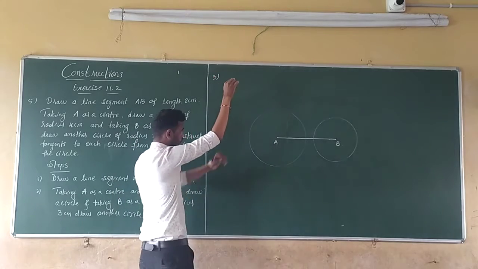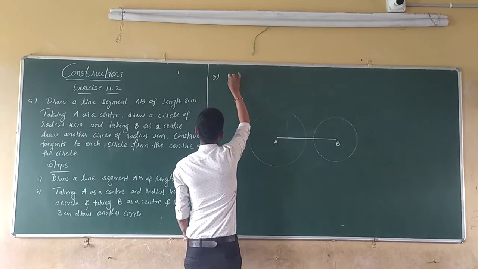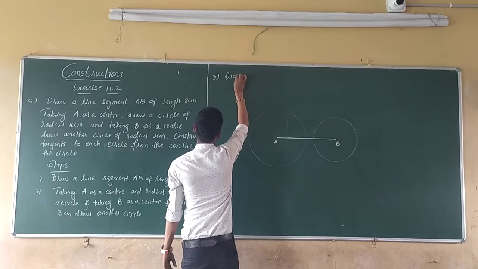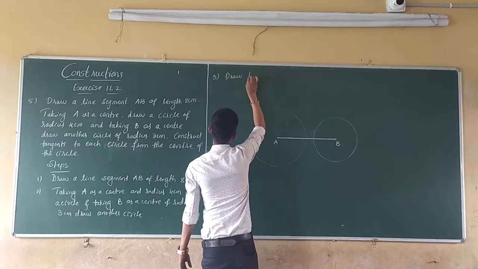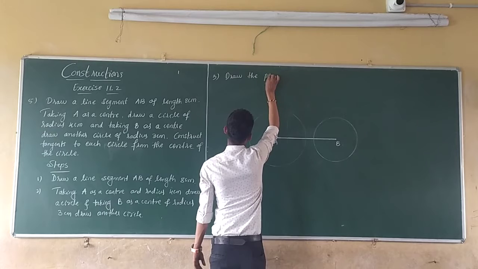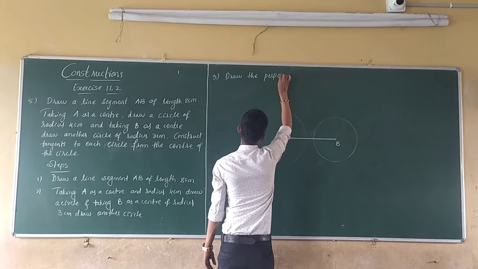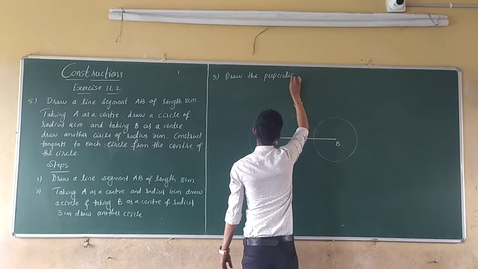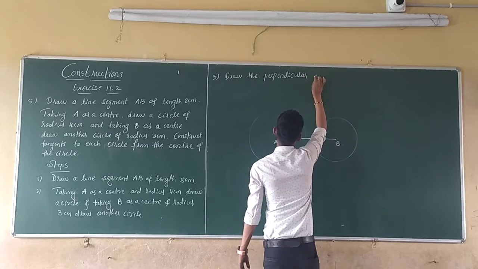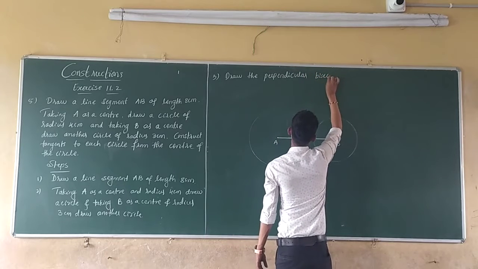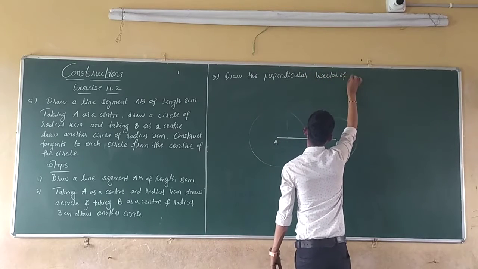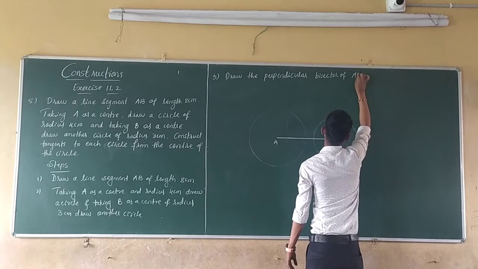Third step. Draw the perpendicular bisector of AB.